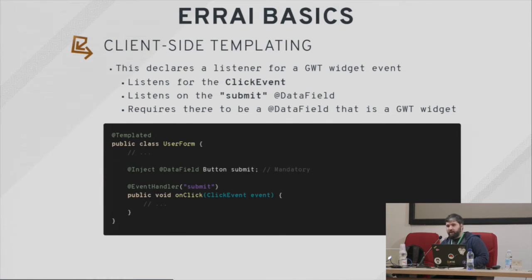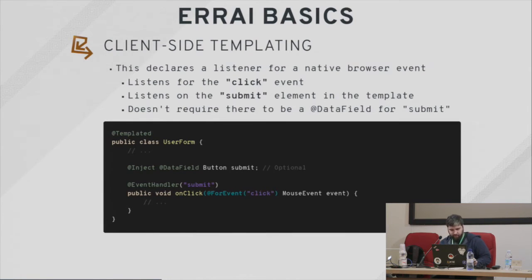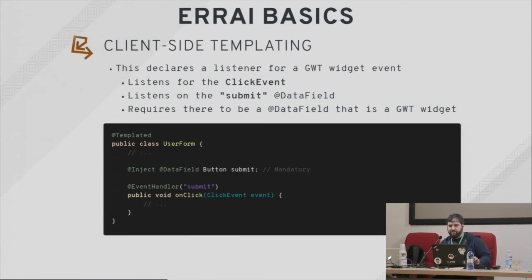And because Errai will need to register this event handler with a widget, it's necessary in this case that you inject this button data field for the event to be registered on. Which is not necessary for the DOM events. So just going back for a second, for a mouse click event, it's not necessary to have this button data field here because you can register events directly against elements in your template.